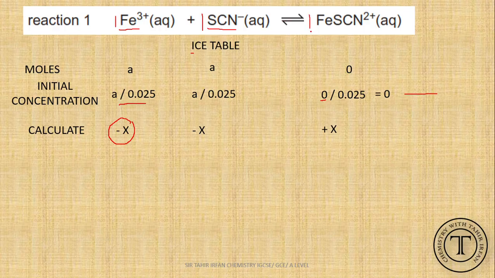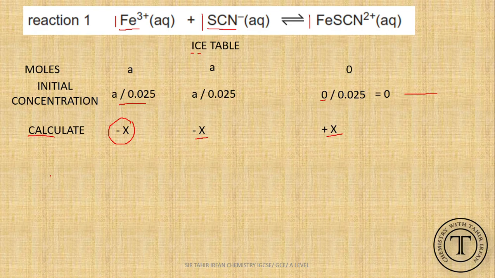All these have a 1 molar ratio, so there will be 1 part of concentration reduced from iron plus 3. The same part will be reduced from SCN, and the same part will be added to this product. So that comes to the C part.